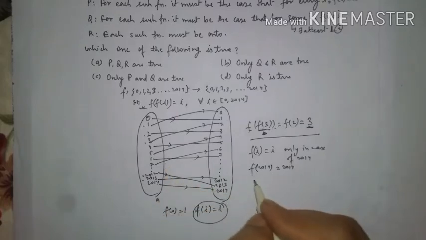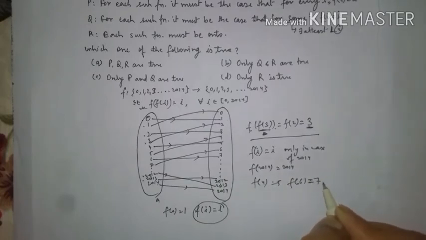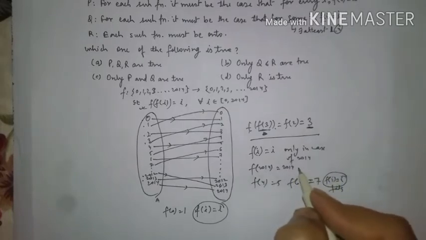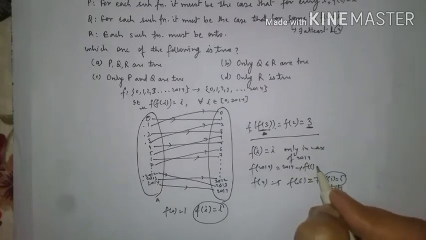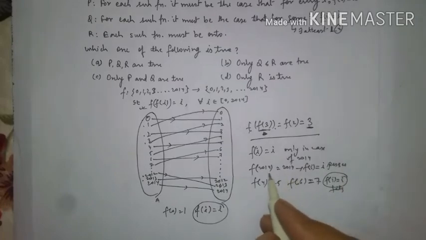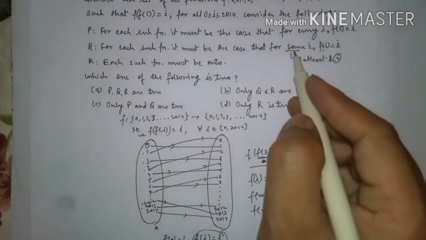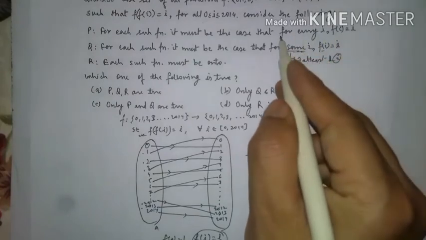You can see another also, f of 4 will be 5, f of 6 will be 7. So here f of I is equal to I fails, but in this case f of I is equal to I passes. So f of I is equal to I is true only for some I, but not for every I.